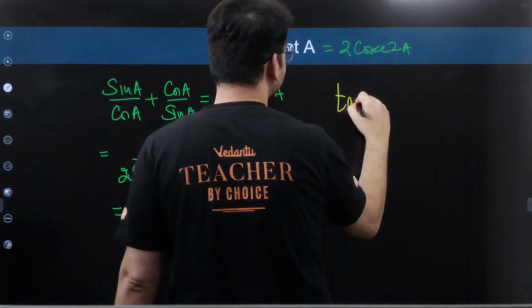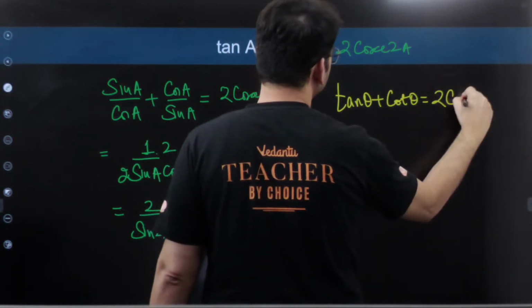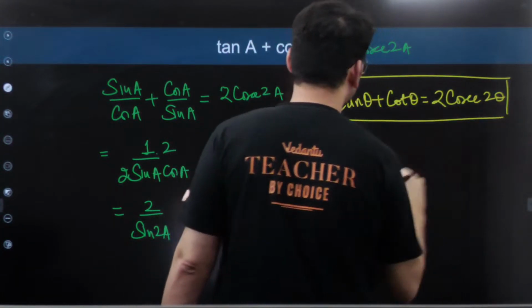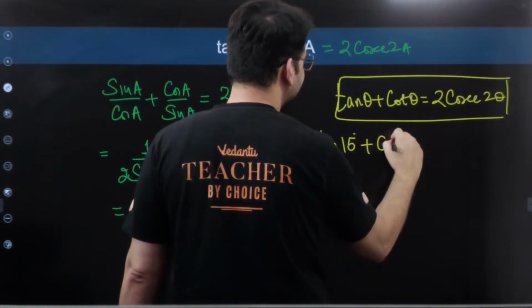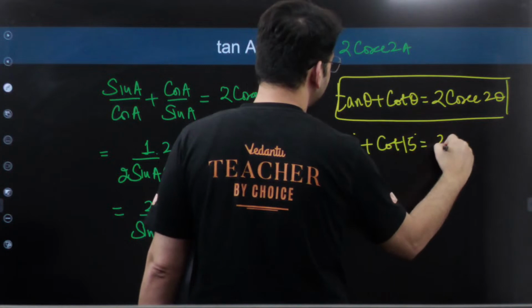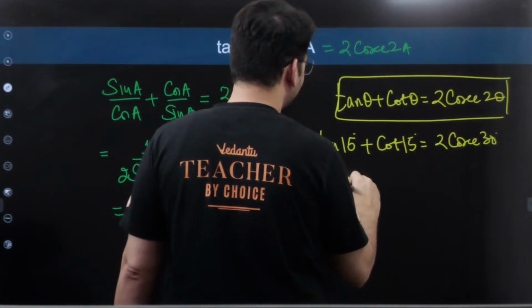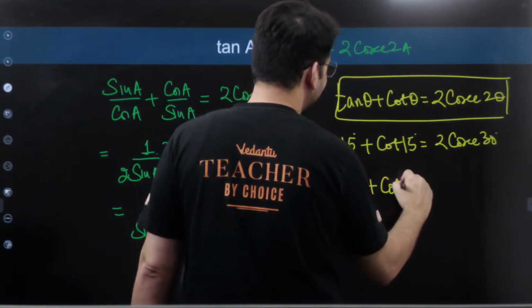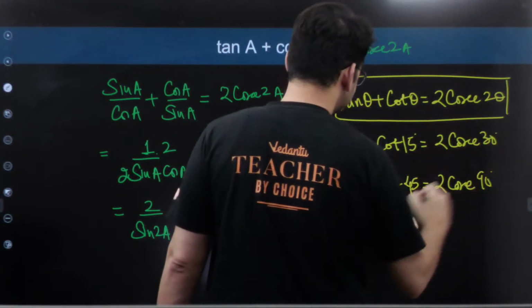Tan theta plus cot theta is 2 cosec 2 theta. Very important. Just to give you a little feel, tan 15 plus cot 15 is 2 cosec 30. Tan 45 plus cot 45 is 2 cosec 90 degrees.